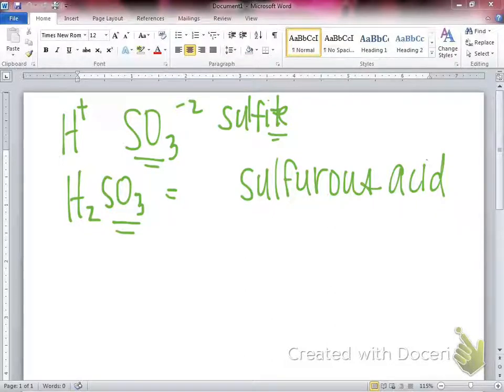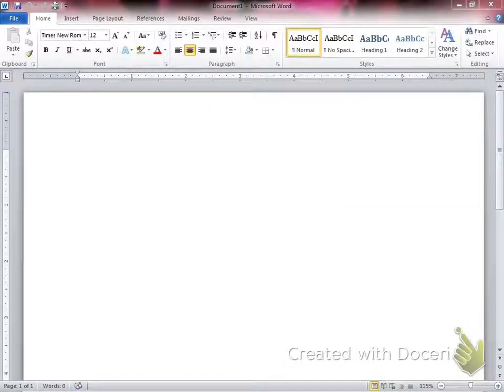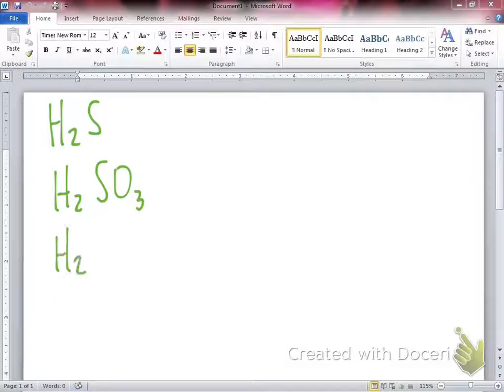So let's take a look at all the different combinations we can have with hydrogen and sulfur together. I want you to try and name all of these. We'll just go ahead and do sulfur. So you could have H2S, H2SO3, H2SO4. All of these are acids dealing with hydrogen and sulfur, and we've named all of these so far.